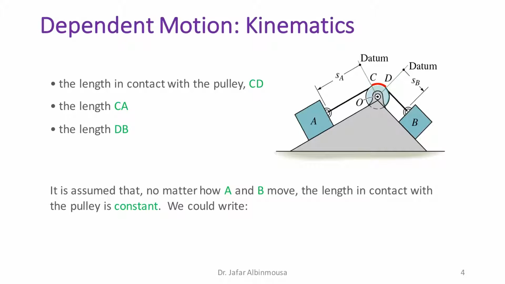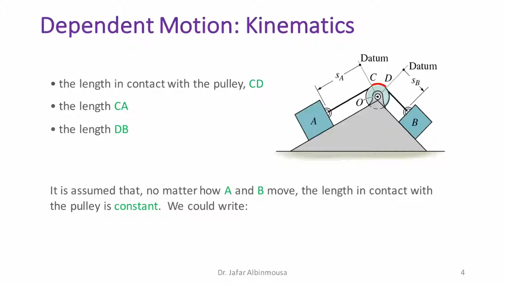Now we have indeed three lengths over here: the length A to C, the length C to D, which is marked with red, and the length D to B. It is assumed that no matter how A and B move, the length in contact with the pulley is constant. It's always constant. And for that, we can write the equation as follows.